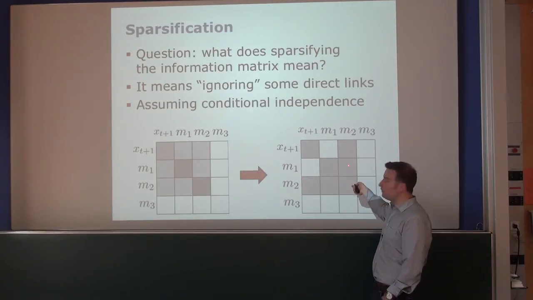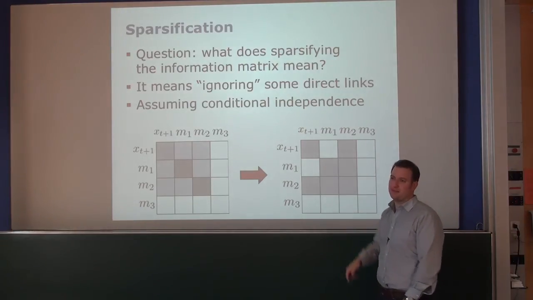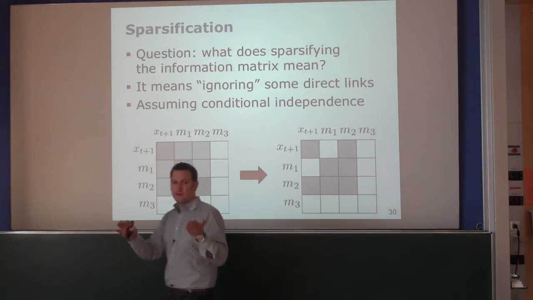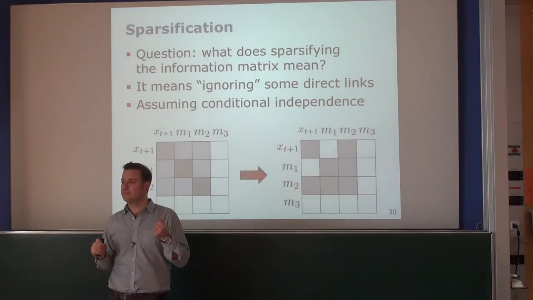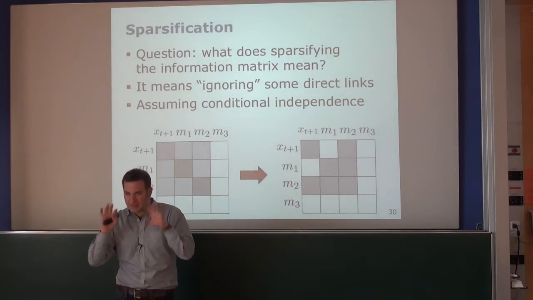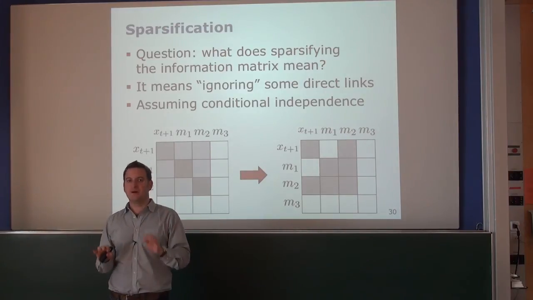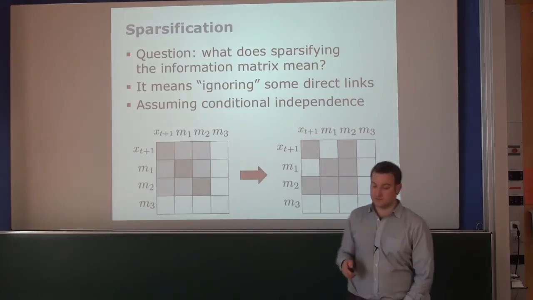If I know where m2 is, additionally knowing where m1 is doesn't help me to estimate the x t plus 1 pose of the robot. So given all other dimensions, the variables are independent of each other if they don't have a direct link. That's the mathematical interpretation of what it means to have a 0 off-diagonal element in this information matrix. And that's exactly the thing we are going to exploit.